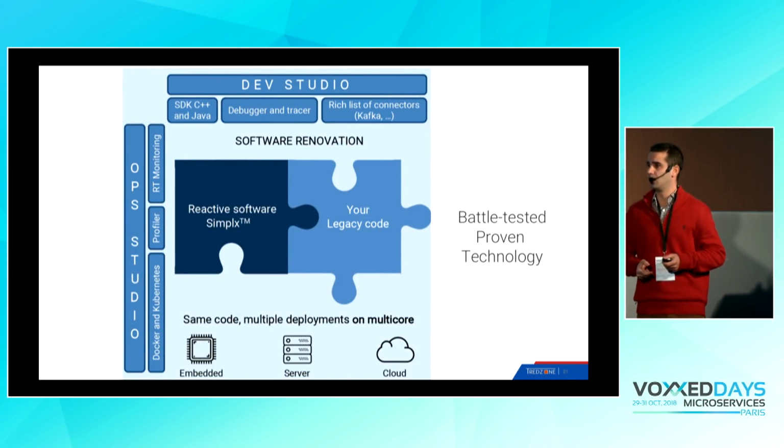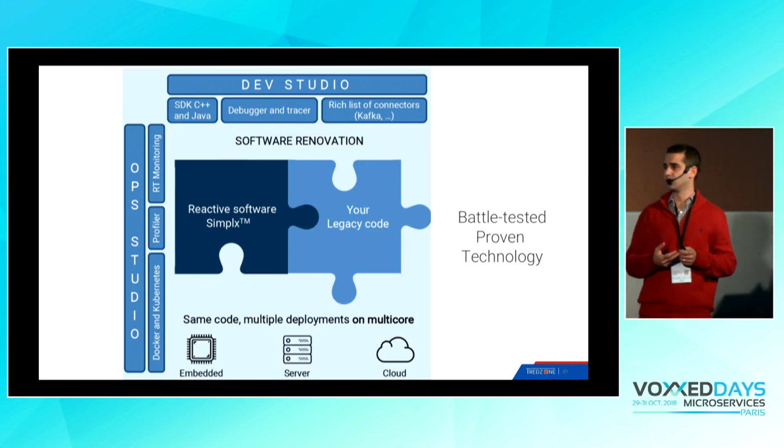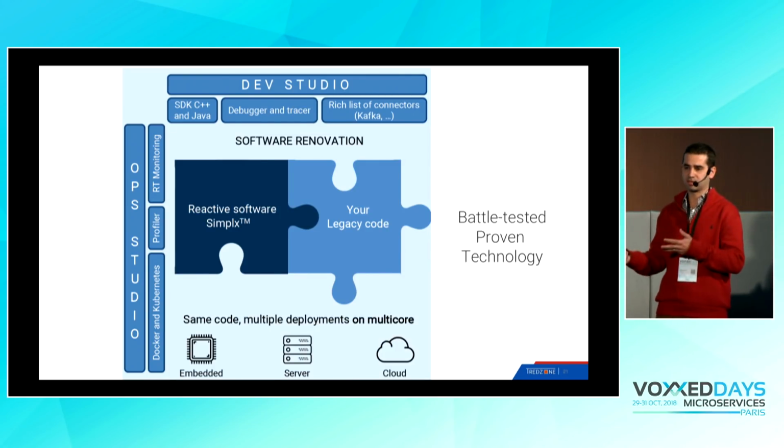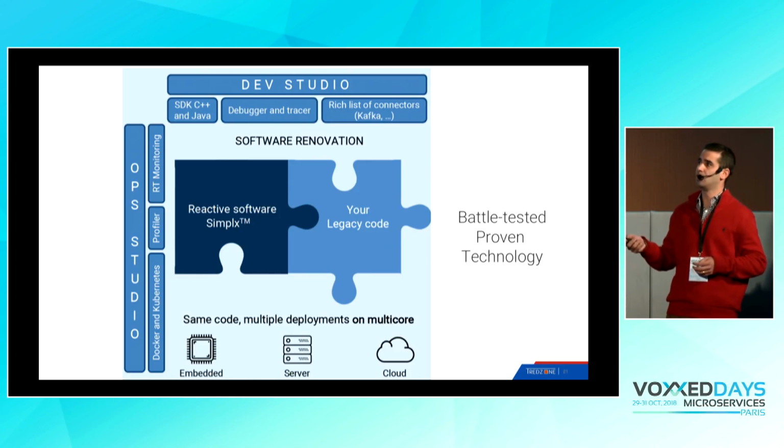And of course, when we talk about asynchronous systems, even if we have an efficient solution, without the right tools it's very difficult to develop, debug, and even deploy. So we have developed studios like debugger, tracer, rich list of connectors, and we have also part components for the dev and components for the ops.